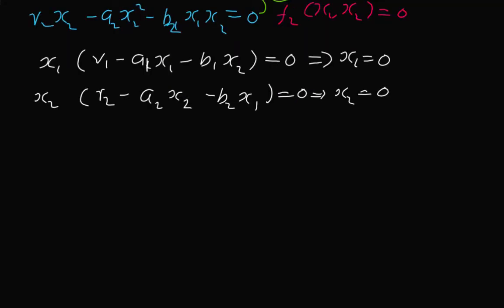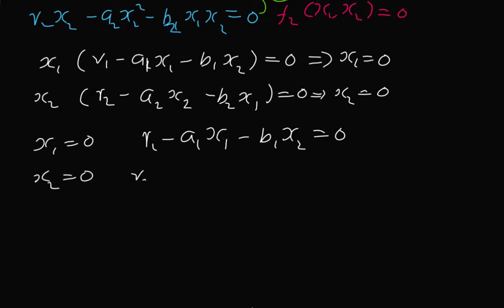For the first equation, you get x1 equals 0 or r1 minus a1 x1 minus b1 x2 equals 0. For the second one, x2 equals 0 or r2 minus a2 x2 minus b2 x1 equals 0.